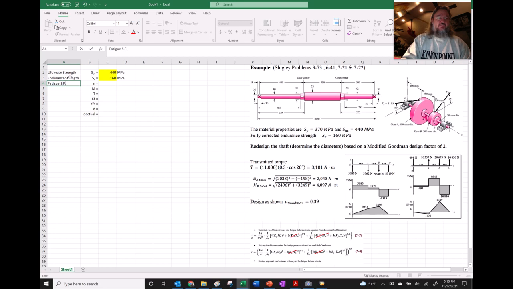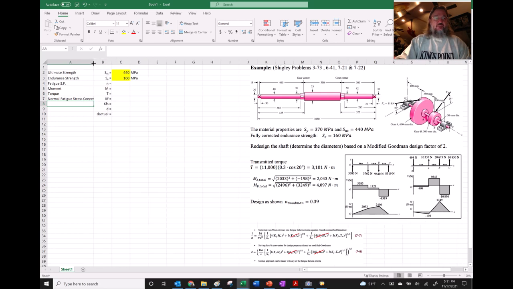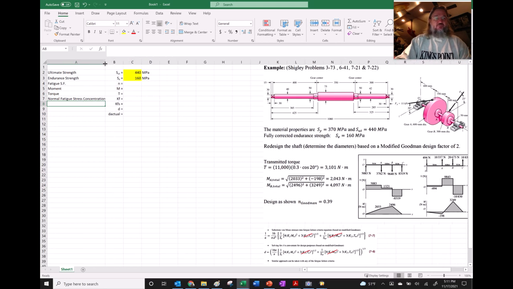And maybe I'll be lazy there. And then moment, torque, normal fatigue stress concentration. Once again, you don't have to write these things, but it really does help to keep track.